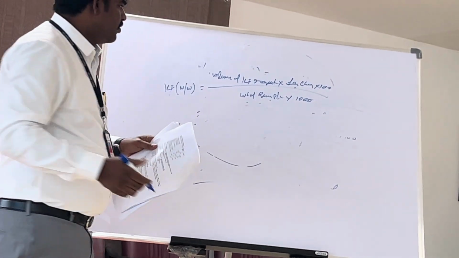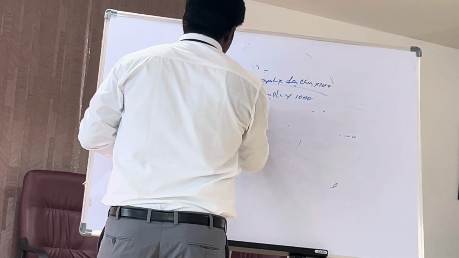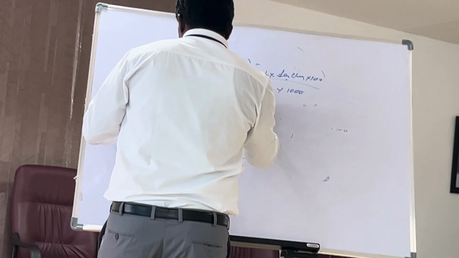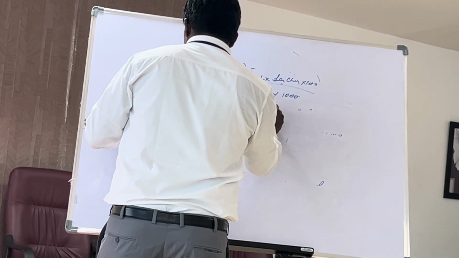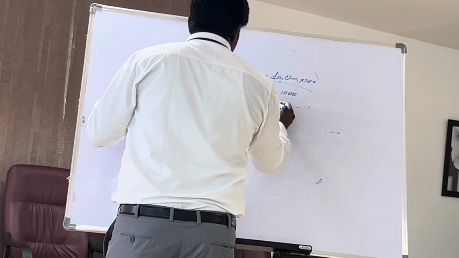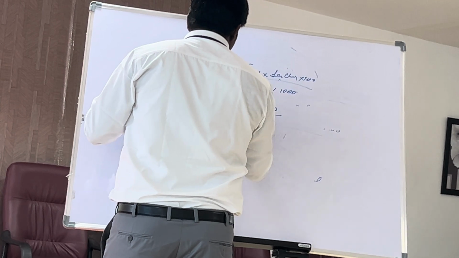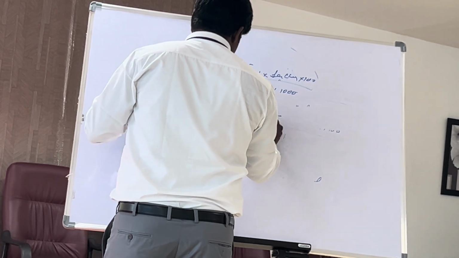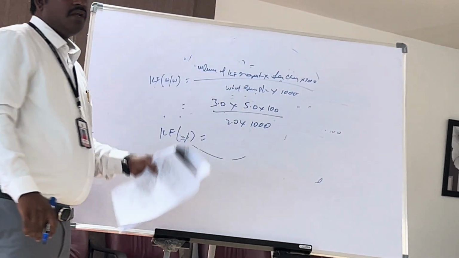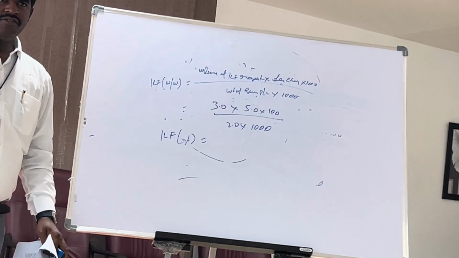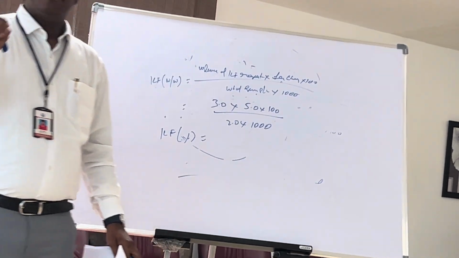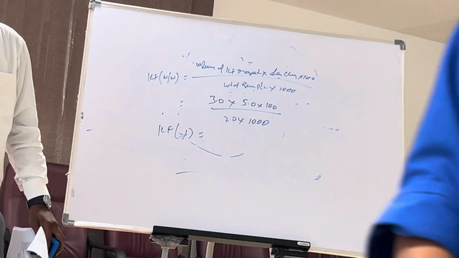After titration, you get a volume, say 3 ml or 4 ml of reagent consumed. Then you mention the factor value, 5.0 something, then 100 divided by the weight of the sample, 2 grams, into 1000. Then you will get the water content value.